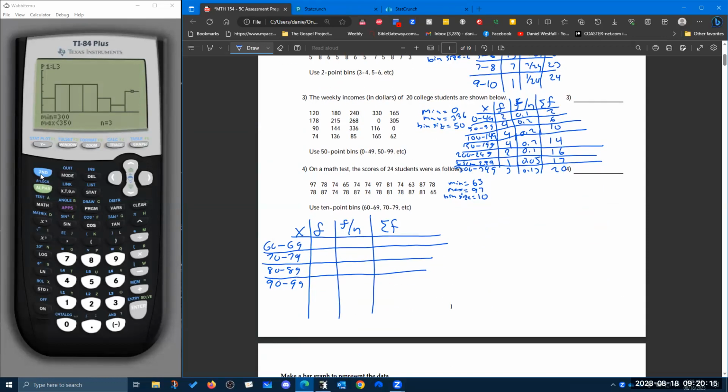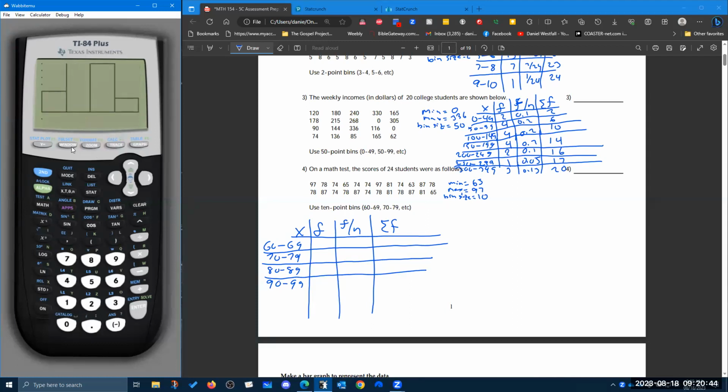Last one here is going to be in L4 for me. And I'm going to have my window start at 60 and go to 100 and by tens.